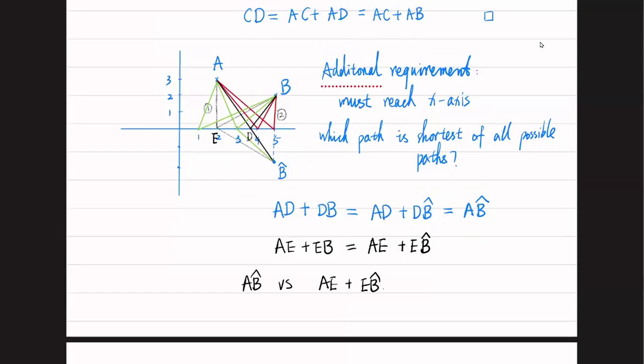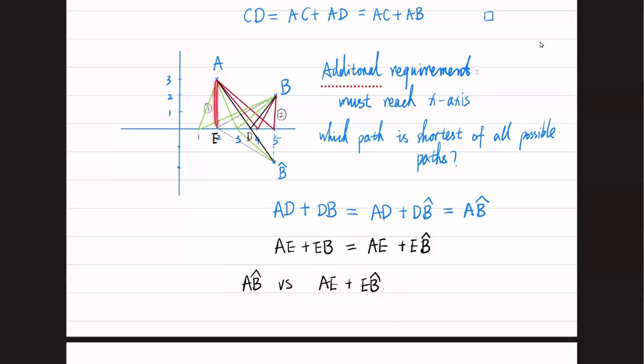Amy, which one is longer, which is shorter? The first one is shorter. Why? Because it's just more simple. Okay. So we can look at the triangle A, E, B hat.